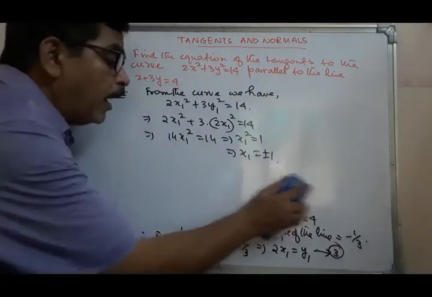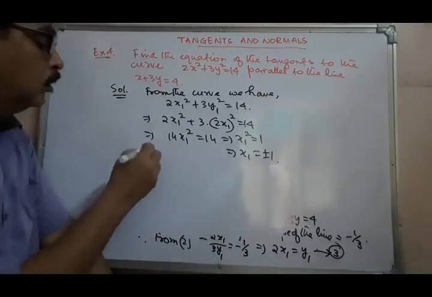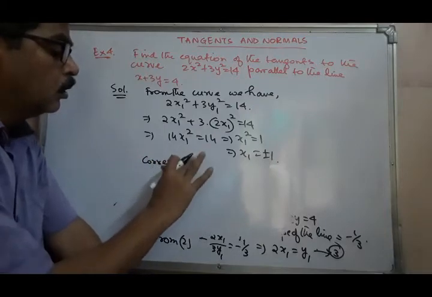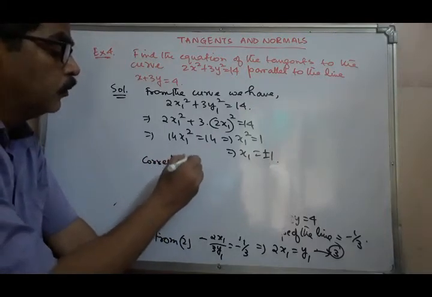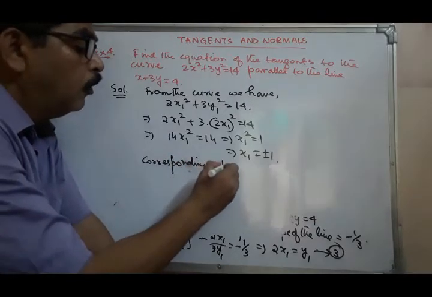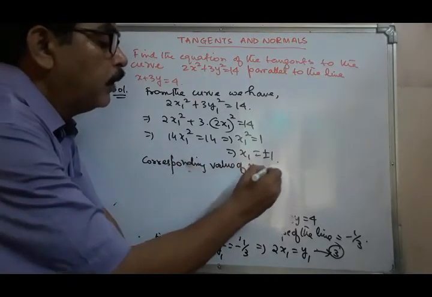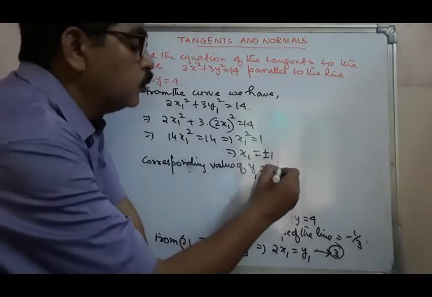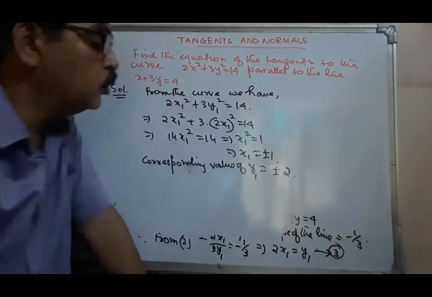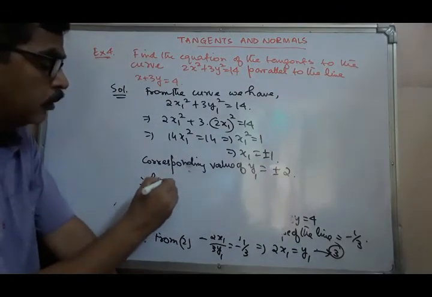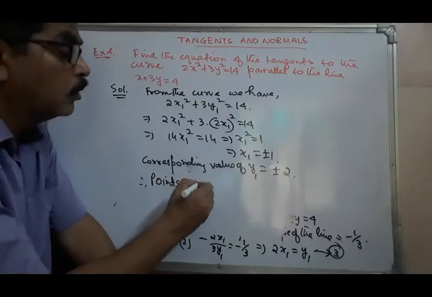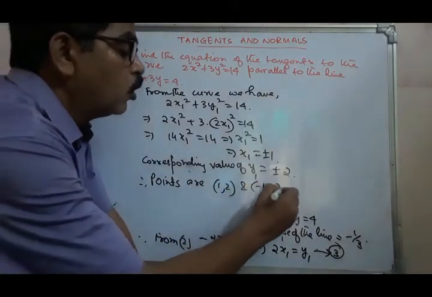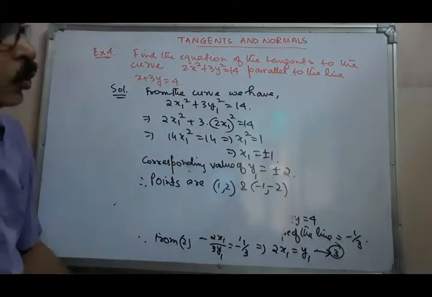So corresponding value of y1, when x1 is 1, y1 is 2, so plus minus 2. Therefore points are (1, 2) and (minus 1, minus 2).